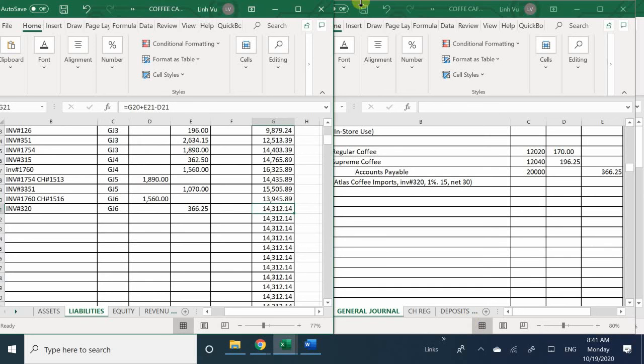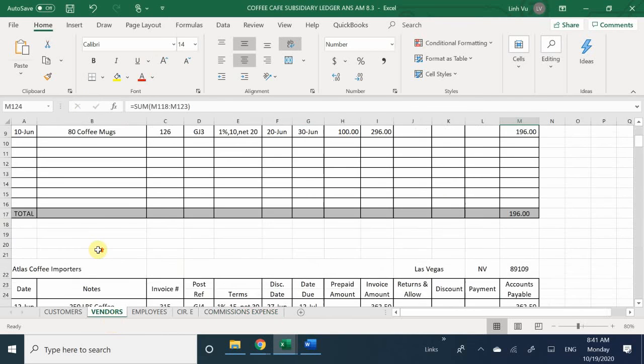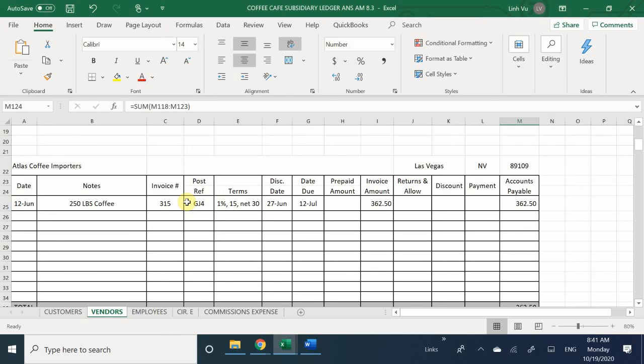Go to the subsidiary ledger. Subsidiary. All right. Atlas Coffee, which is right here. Okay, so how do I fill it out? We send the total pounds, so that's a total of 250 pounds.